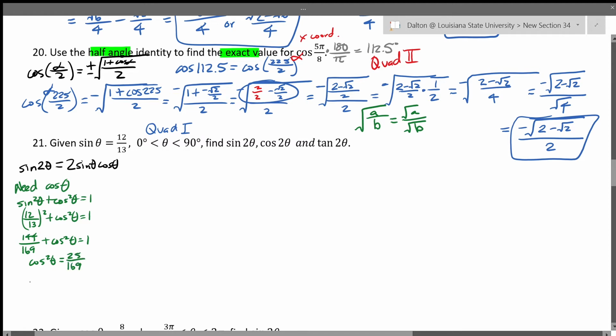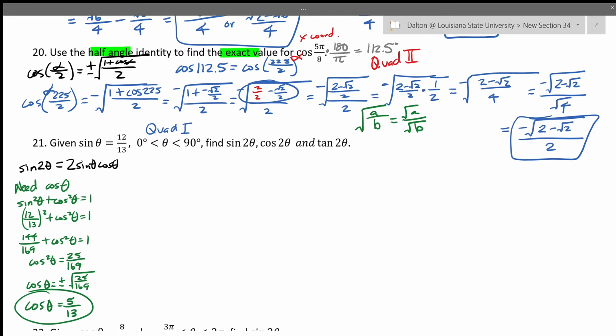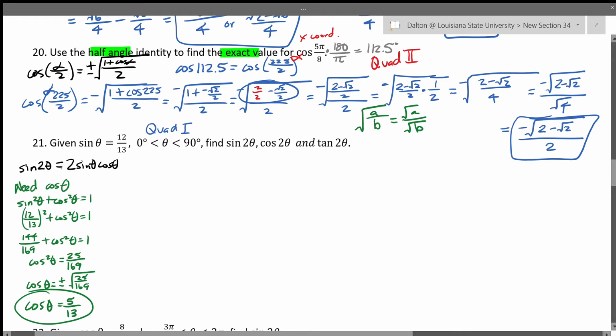And then to get cosine by itself, I'm going to take the square root of both sides, which will be plus or minus the square root of 25 over 169. Now, I am in quadrant 1, which means I should choose the positive ratio, and the square root of 25 over 169 is 5/13. So I'm going to hold on to this value. Cosine of theta is 5 over 13. So let's go back to my identity, which is sine of 2 theta is 2 sine theta cosine theta.